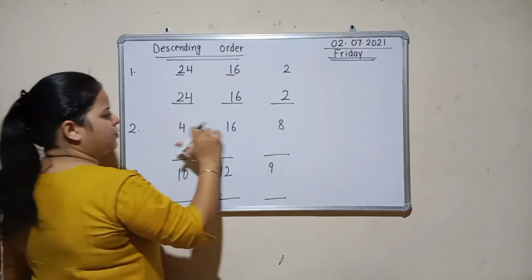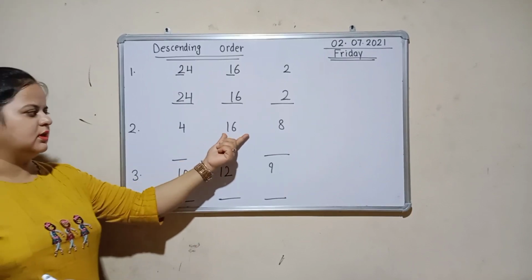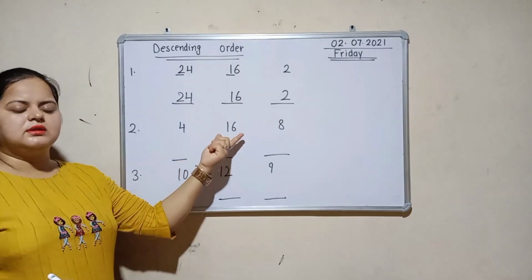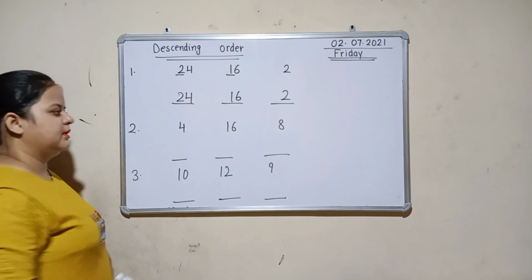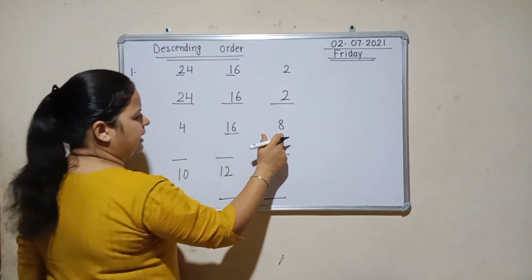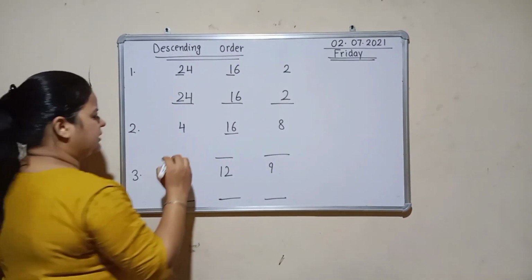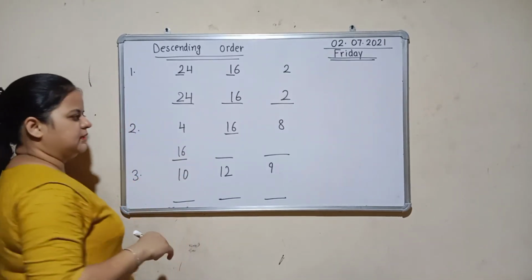Okay, the next is 4, 16 and 8. 16 is the only number that is a 2-digit number. 4 and 8 are 1-digit numbers. So 16 is the greatest one. Here we will write 16.